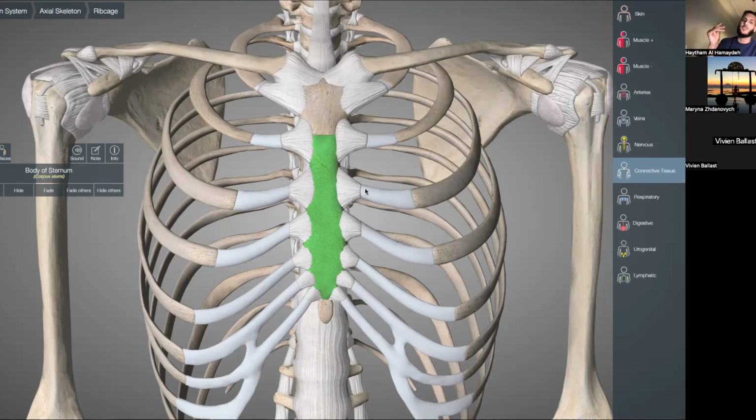Half of second, half of 7. Okay, that's the body.